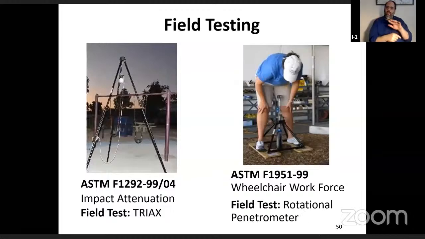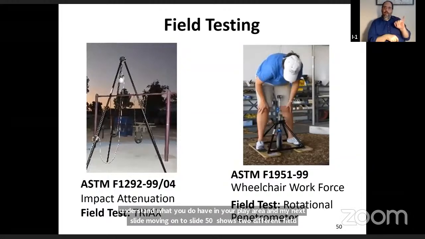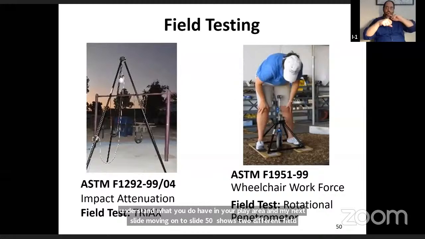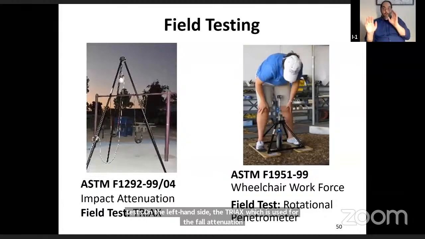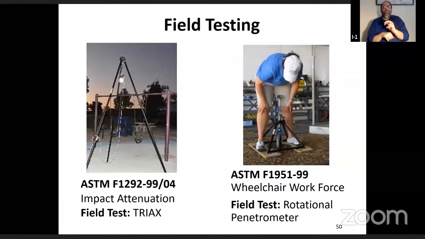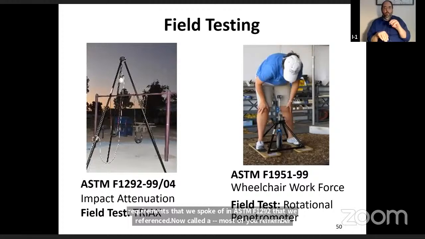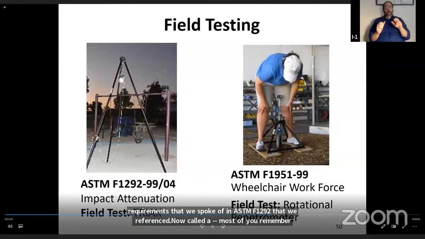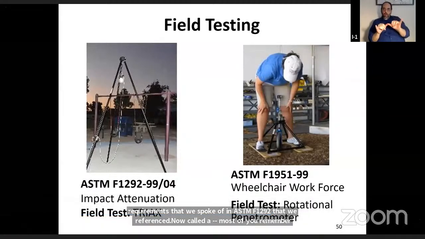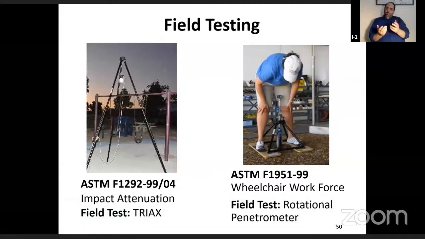And my next slide, moving on to slide number 50, shows the two different field tests. On the left-hand side, the triax, which is used to determine the fall attenuation or impact attenuation requirements that we spoke about in ASTM F1292 and the versions we reference. And then on the right-hand side, the field test device is now called an instrumented surface indenter, not a rotational penetrometer, but most of you probably still remember it as a rotational penetrometer. The Access Board believes greatly in these devices being able to predict and quantify the values that should be used to determine accessibility.